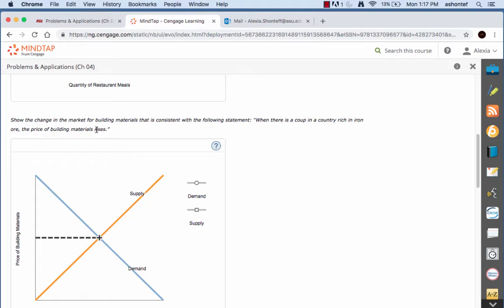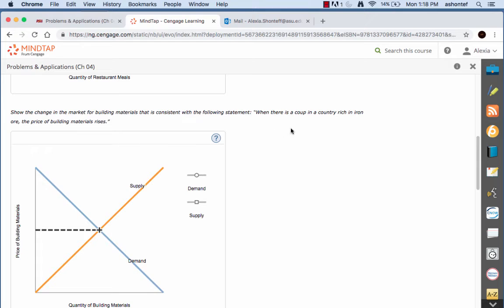This one says, show the change in the market for building materials that is consistent with the following statement. When there is a coup, so that's like in a country where the person in charge is overthrown, in a country rich in iron ore, the price of building materials rises.